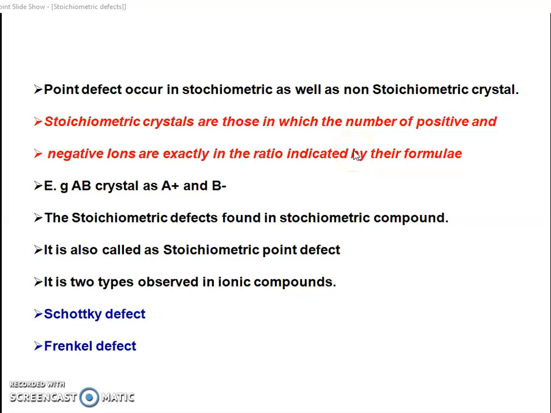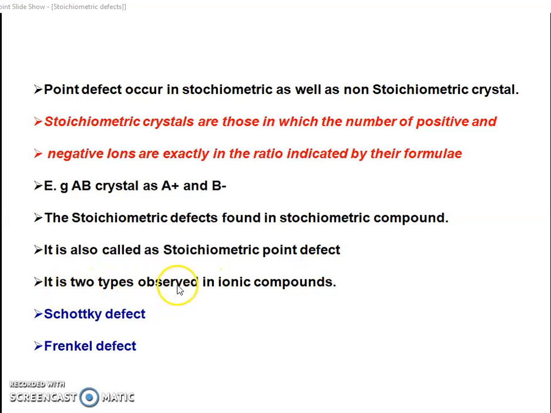So for stoichiometric crystals like the AB type, the crystal is made from A plus and B minus ions. The defect found in such stoichiometric compounds is also called a stoichiometric point defect.